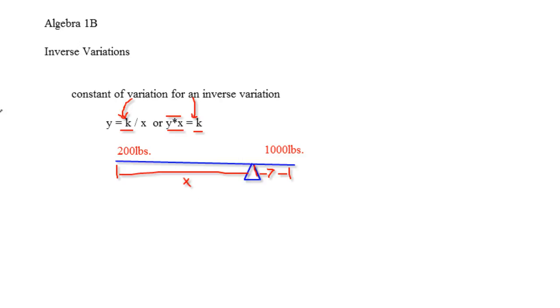What we're going to do first is find the actual constant of variation. So the constant of variation is going to be 1,000 times 7. I'm sorry, we should probably define these terms.